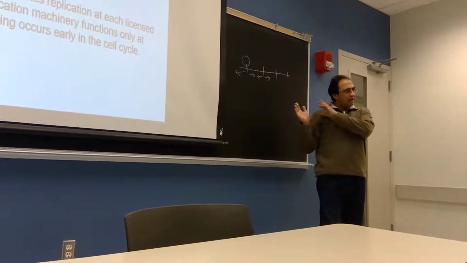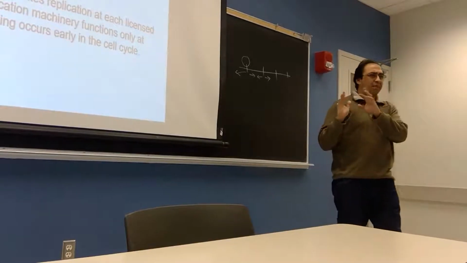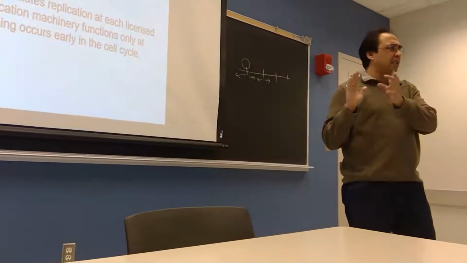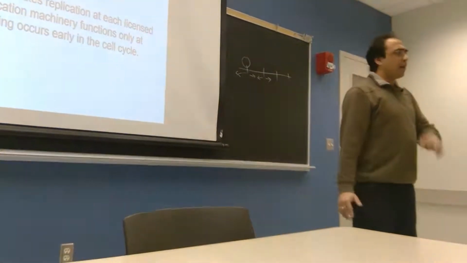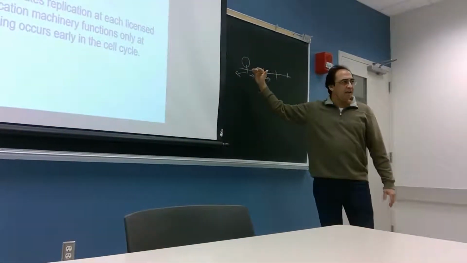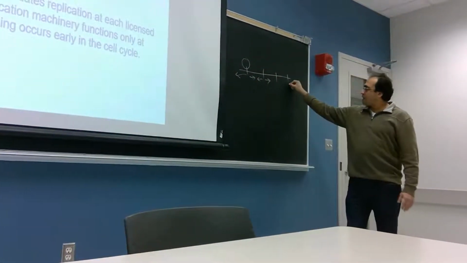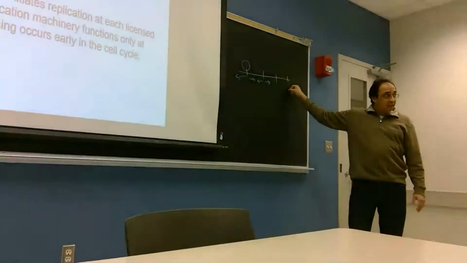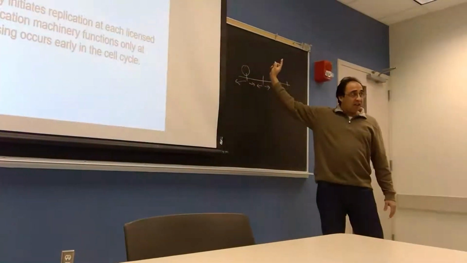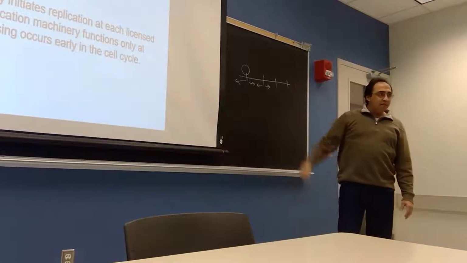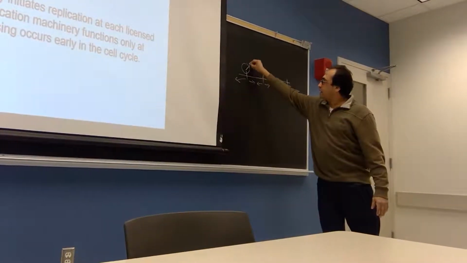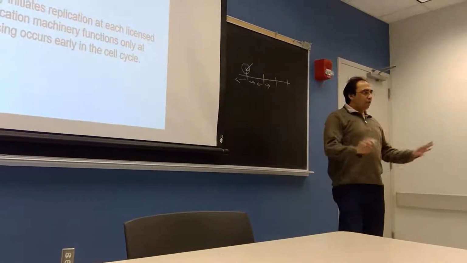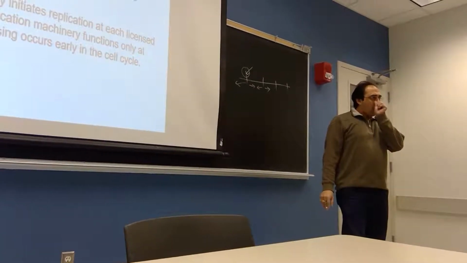The heterochromatinized part replicates in late S phase, but the euchromatic part is in an earlier phase. When this part is still replicating and this is done already, if those proteins can start another replication here, then there will be some problem, right?